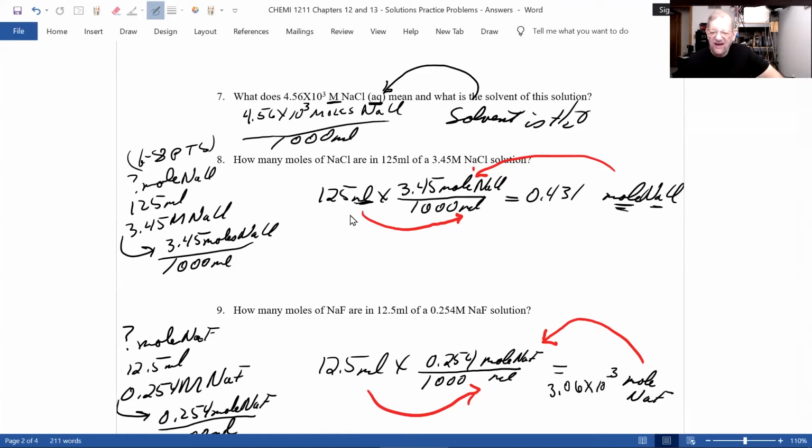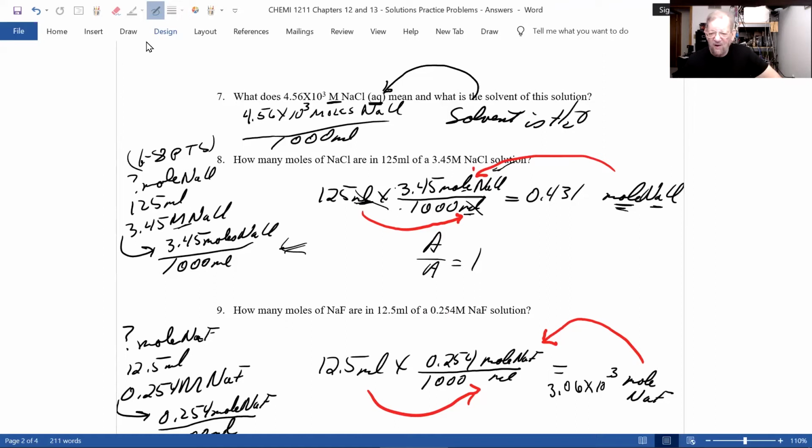Whatever you're trying to get to goes on top of the ratio. Follow this red arrow. Whatever you're trying to get rid of goes underneath, milliliters. Where do you get the numbers here and here? From this, which you knew came from here. It's 3.45 moles of sodium chloride per 1,000 milliliters. Milliliters divided by milliliters cancels out because anything divided by itself equals 1.